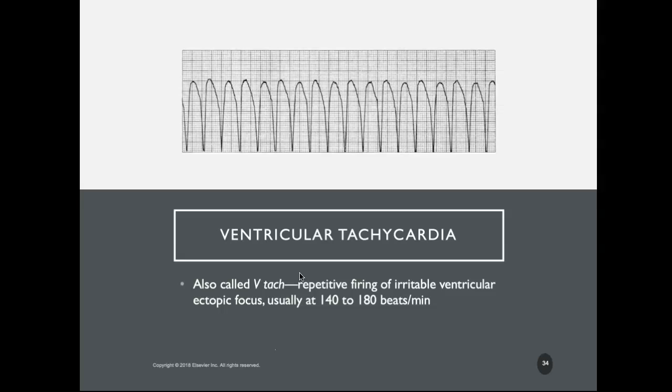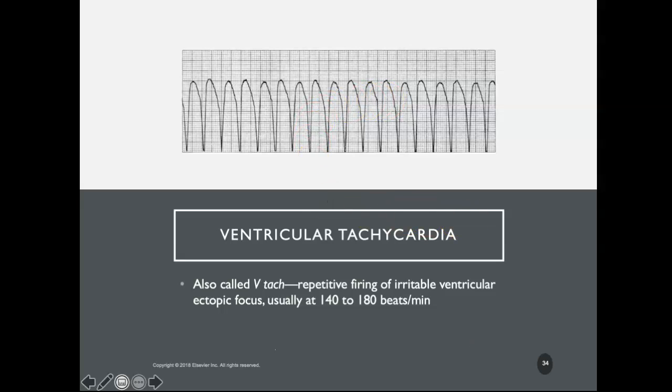There's an irritable area in the ventricles that's taken over as the pacemaker of the heart, and it's a tachycardia, so it's going fast, between 140 and 180 beats per minute. This is the most common rhythm that precedes cardiac arrest. This is usually the initial rhythm that they go into; ventricular tachycardia and ventricular fibrillation are the most common rhythms that precede cardiac arrest.